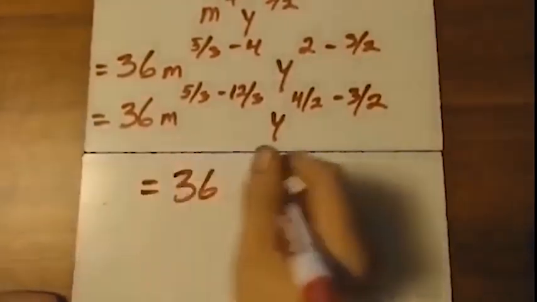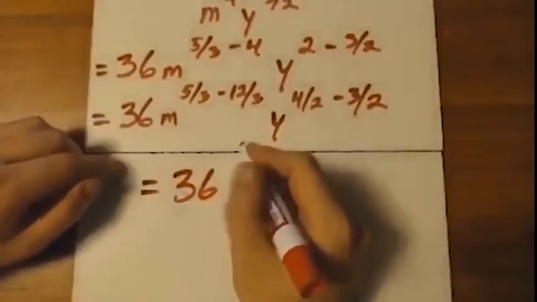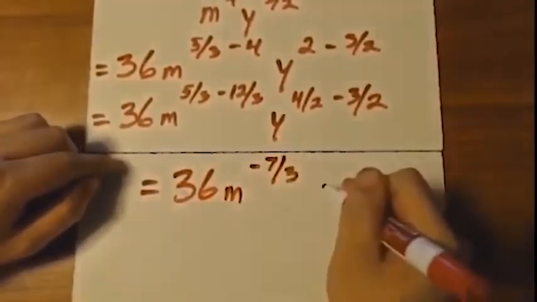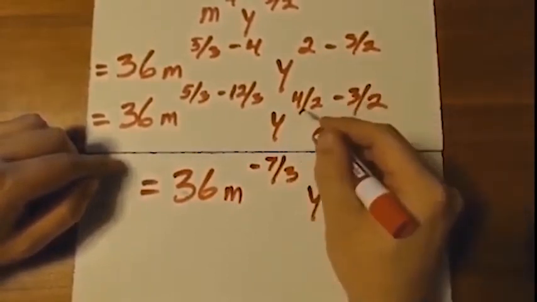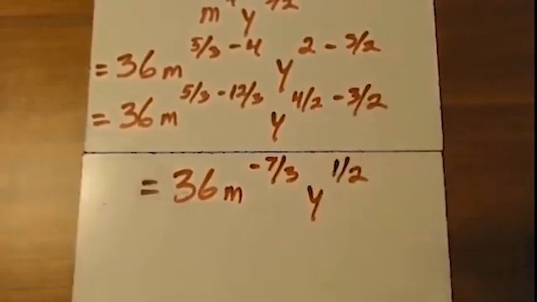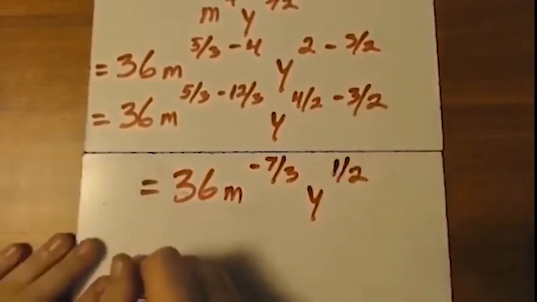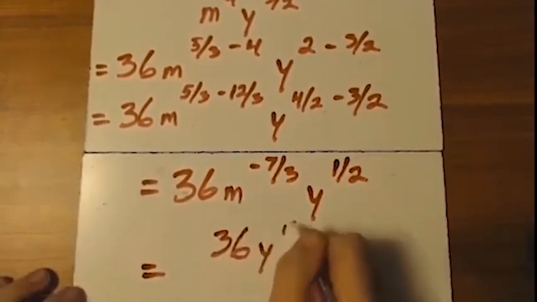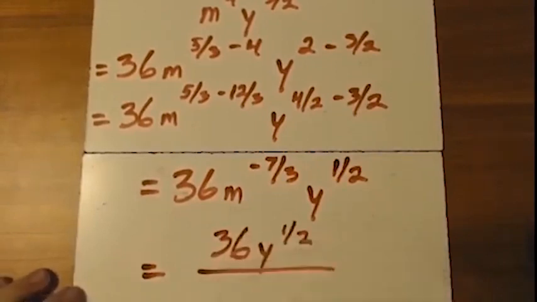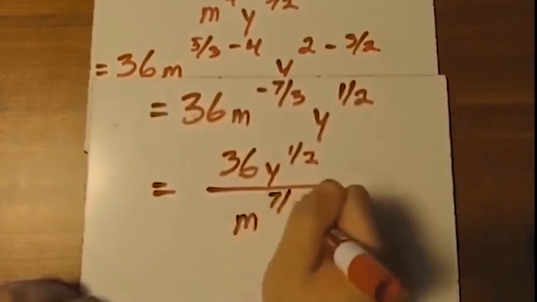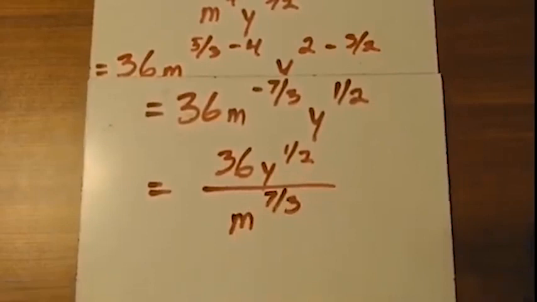So 36, 5/3 minus 12/3 gives us m to the negative 7/3. Y to the 4/2 minus 3/2 is 1/2. So finally, the 36 and the y to the 1/2 stay on top. The m moves to the bottom. It's the positive 7/3.